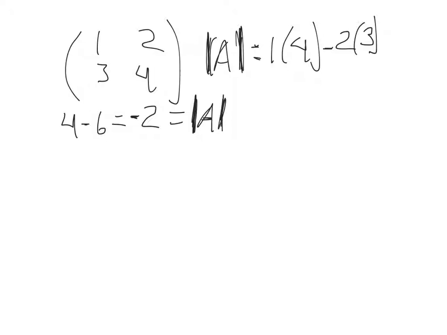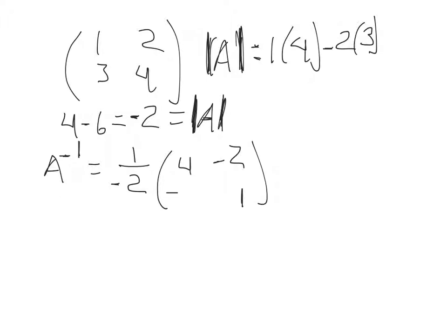Now, to get the inverse, we're going to have 1 over minus 2. Okay, we'll flip over the 4 and the 1, because you flip over the diagonal elements, and then you change the sign of the off diagonal elements. And let's see what we have. So we have 4 times minus 1/2.